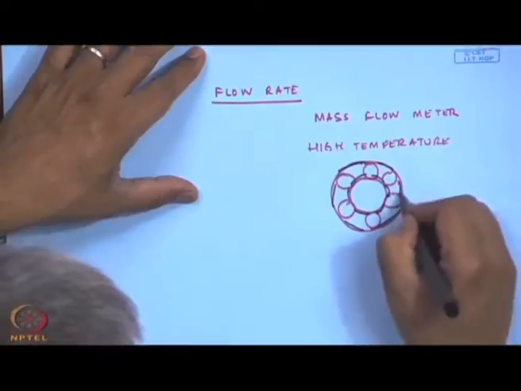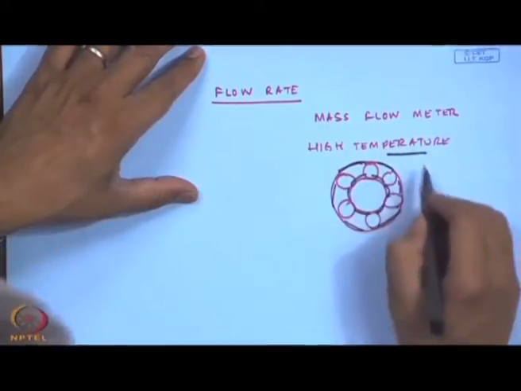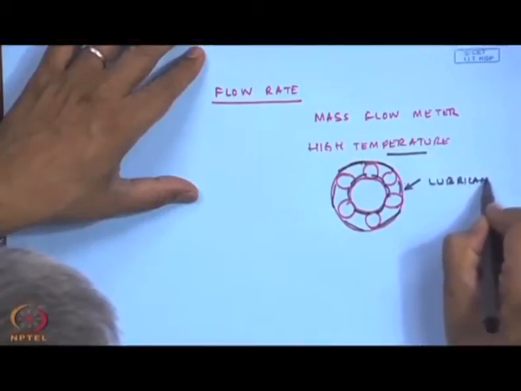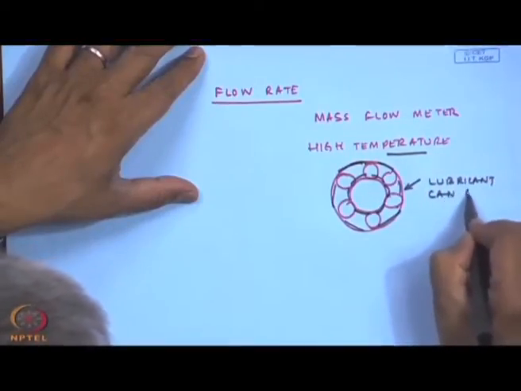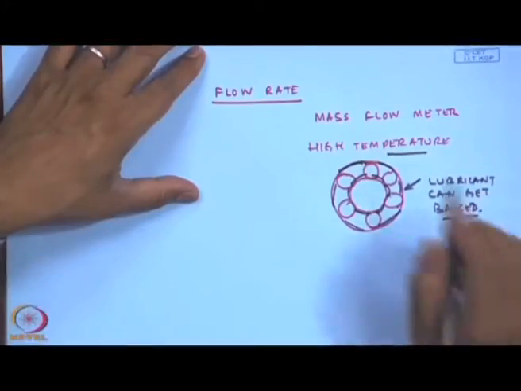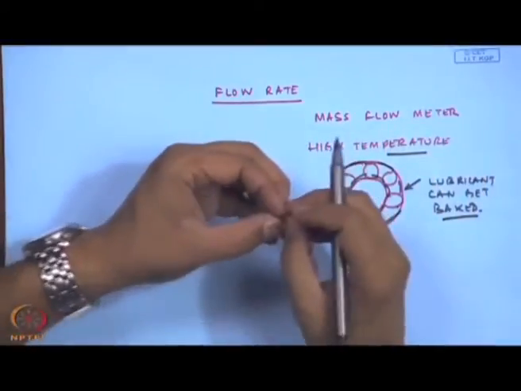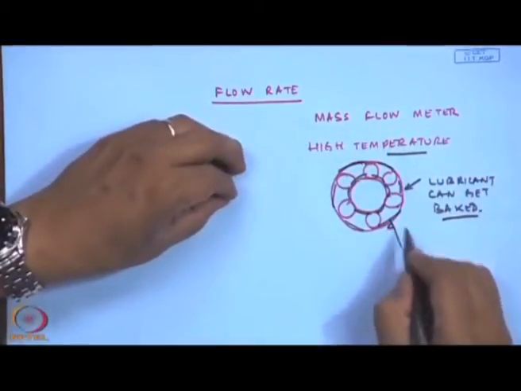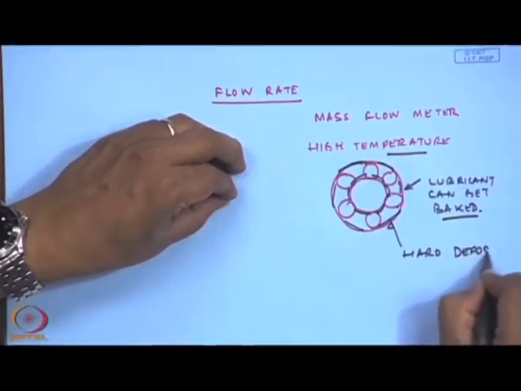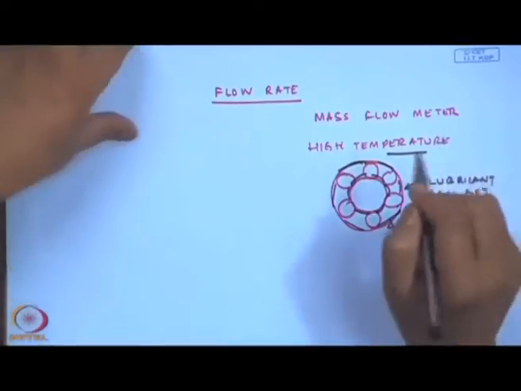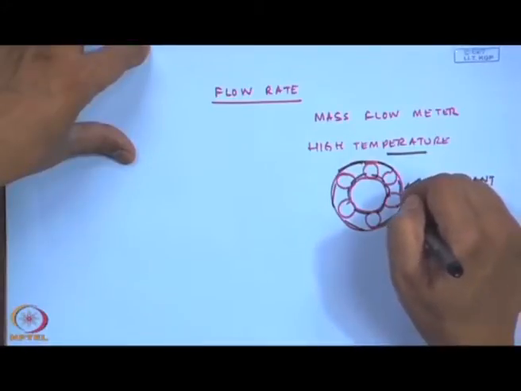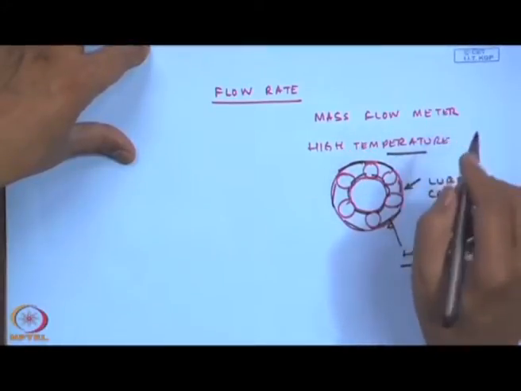Now, because of high temperature, the lubricant can get baked. By baked, I mean they will burn and they will become hard deposits, and then they will form as an imperfect impurity in the races and give rise to a source of vibration.